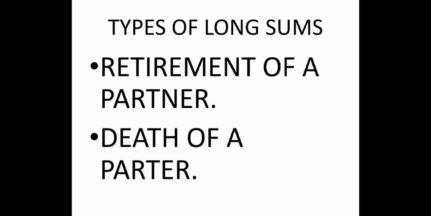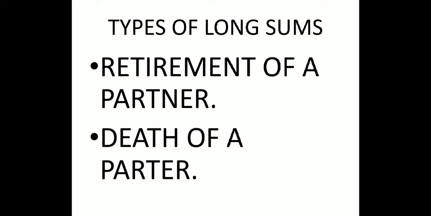Yes, you have to credit the balances payable to the deceased partner, and you have to debit the amount payable by the deceased partner. And you will write off the losses, and you will credit general reserve, credit balance of profit and loss, the share of goodwill, etc., etc. Okay?